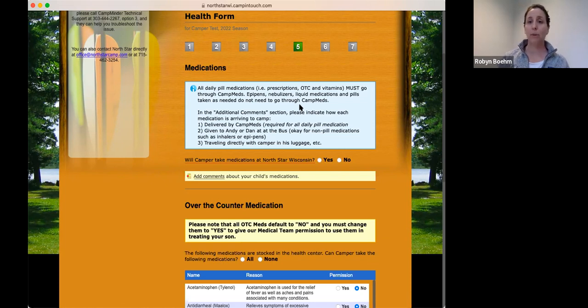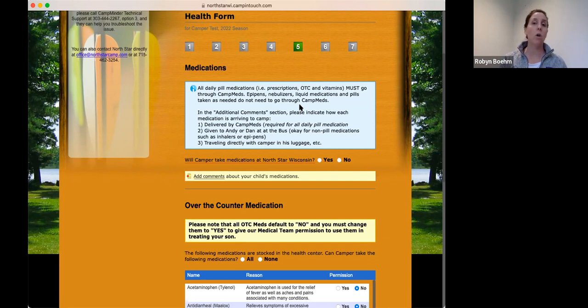Campmeds is a separate mail pharmacy that will ship the medication to us at camp in a safe and reliable way, packaged in a system that works really well for us at camp. So that needs to be ordered through Campmeds. There's more information about Campmeds in our form section.